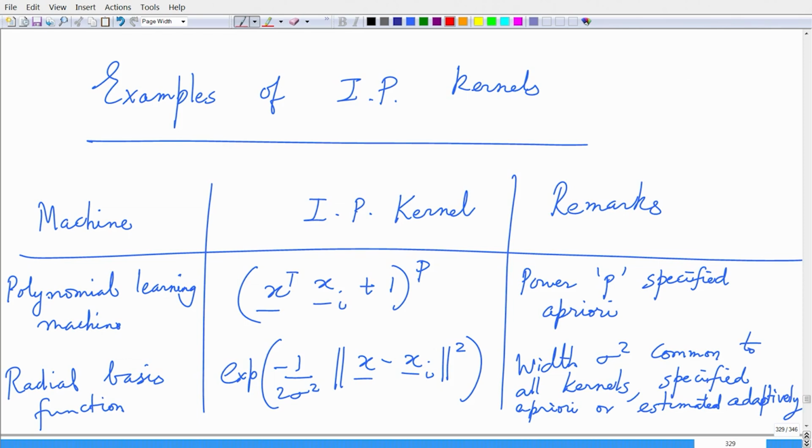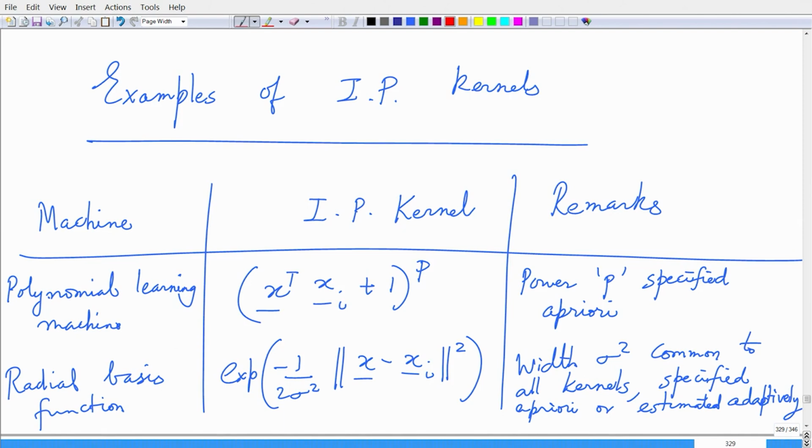One does not have to be restricted to the polynomial learning machine, one can have radial basis functions. Here we have this in the form exponential of minus 1 upon 2 sigma square, the Euclidean norm of x minus xi squared. Here sigma square is the spread parameter.